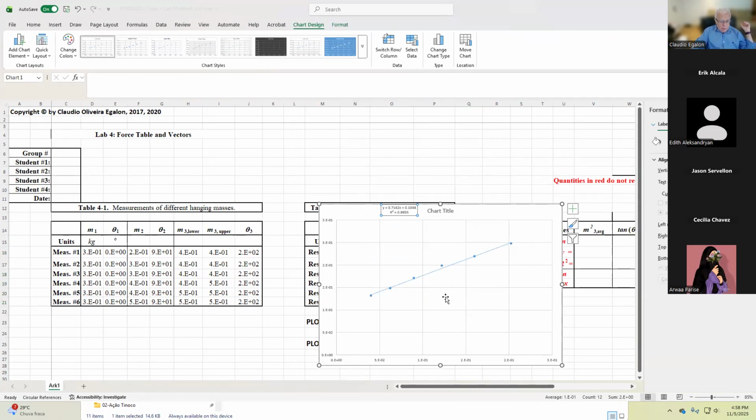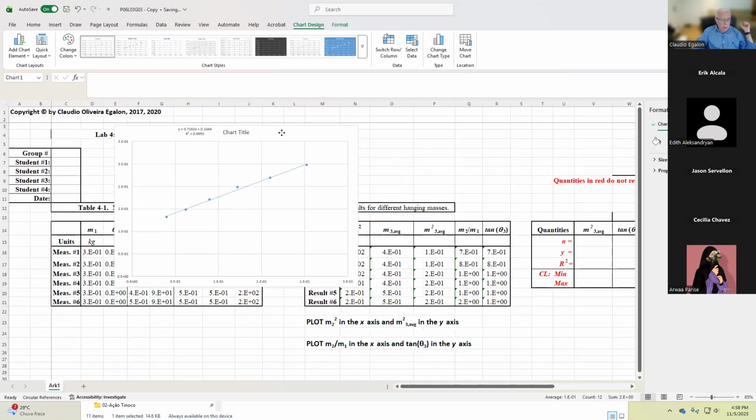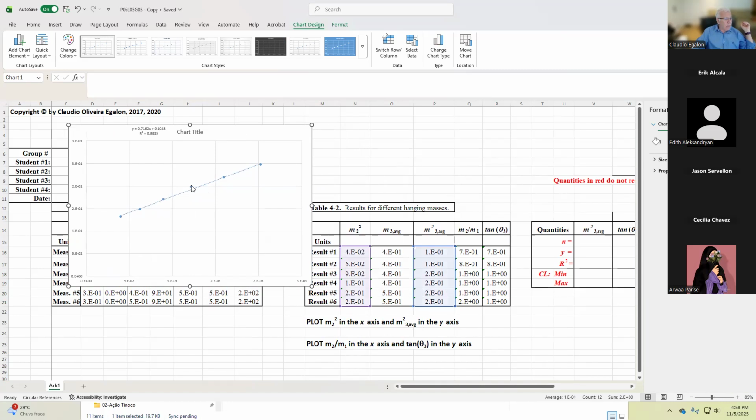Just by looking at the graph, I suspect that those 2 points at the end of the curve are incorrect. They are not properly taken. That's my suspicion, and we can find out if that's the case.